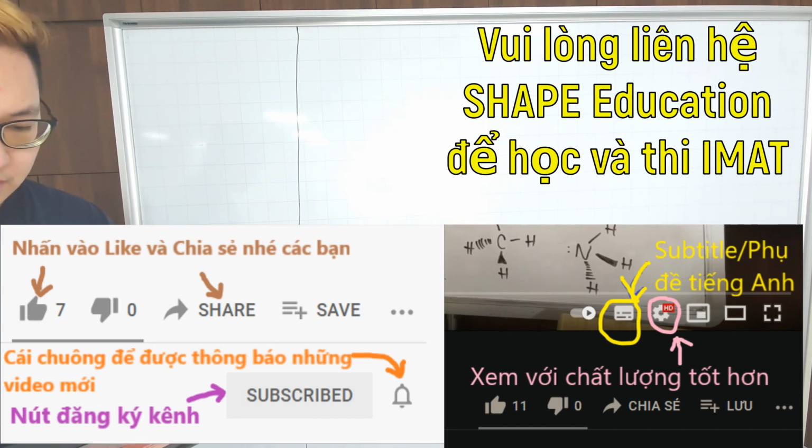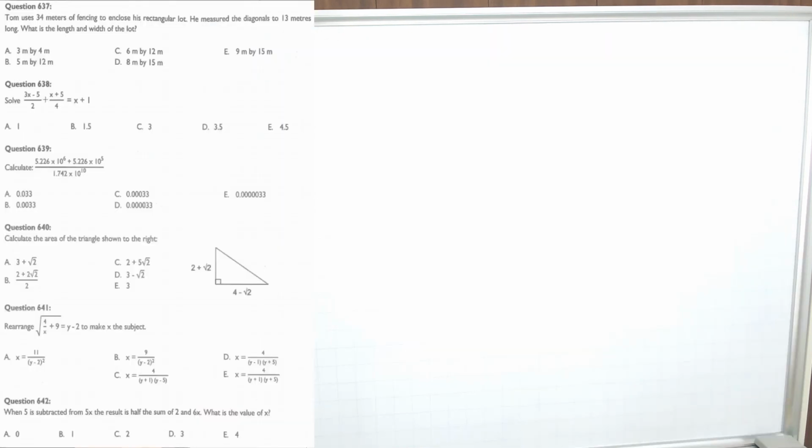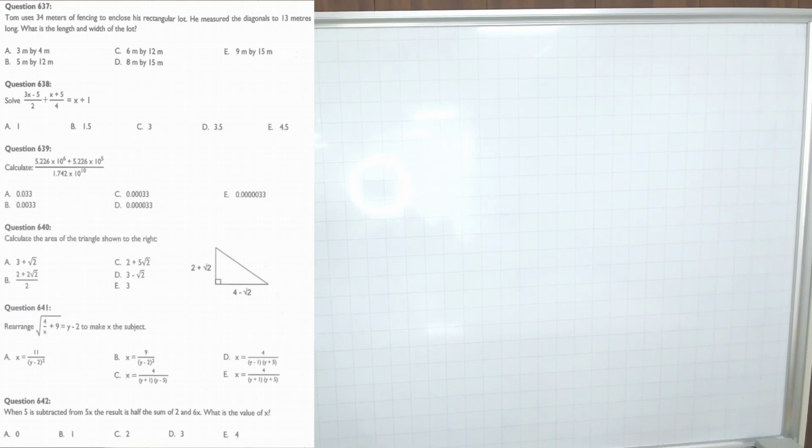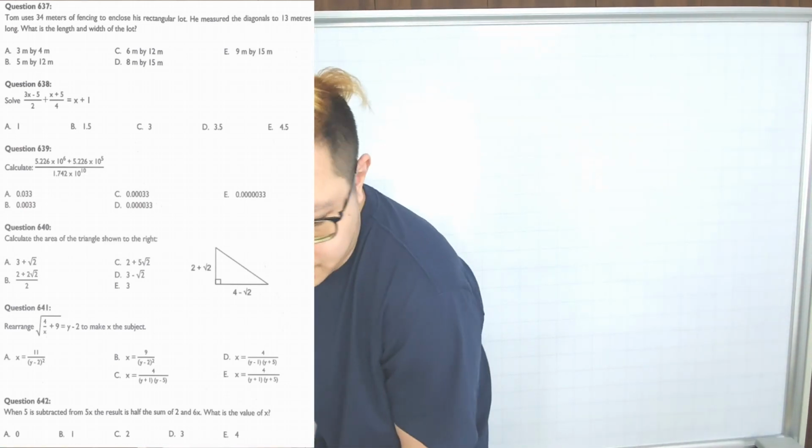I have to go. Don't go back to page 1, please. 640. For math, calculate the area of a triangle shown to the right.